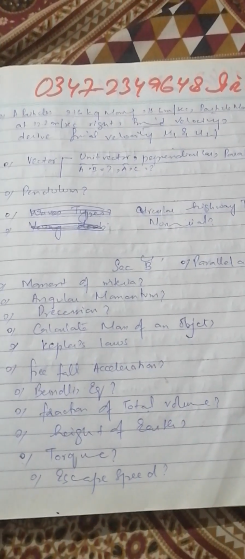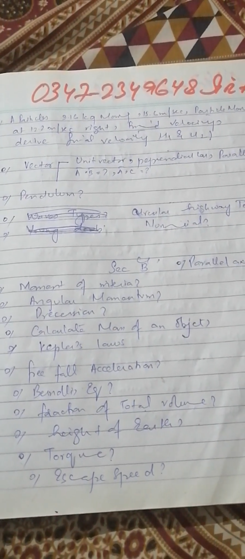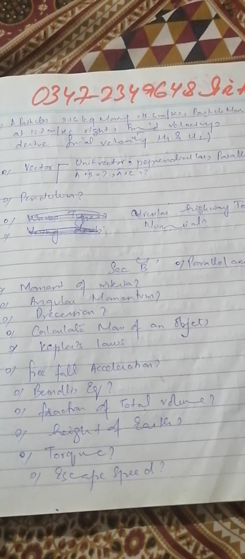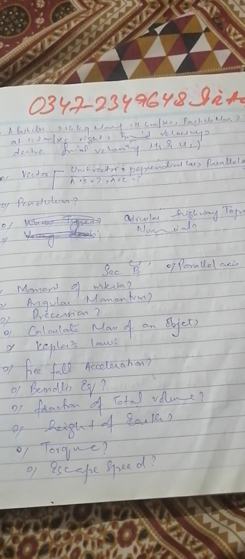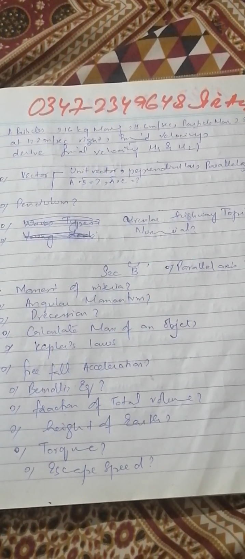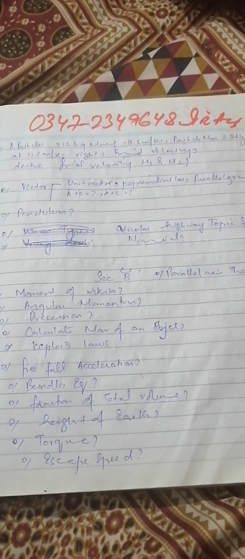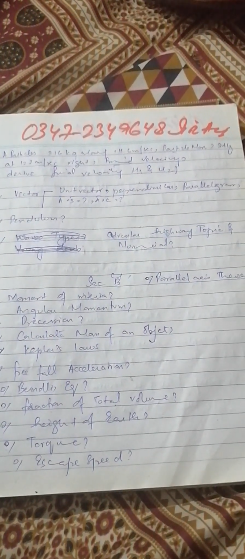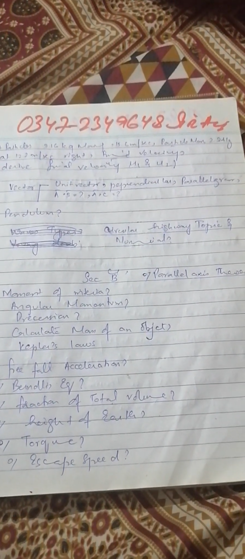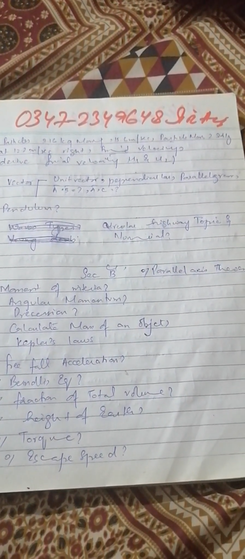Work energy equation. Laboratory numerical. Basically, what is a laboratory numerical? A particle of mass 3.16 kg is moving, and this particle mass, derive final velocities u1 and u2. Elastic collision. Vector: basically you can say that maybe the numerical will be unit vector, perpendicular, parallelogram.